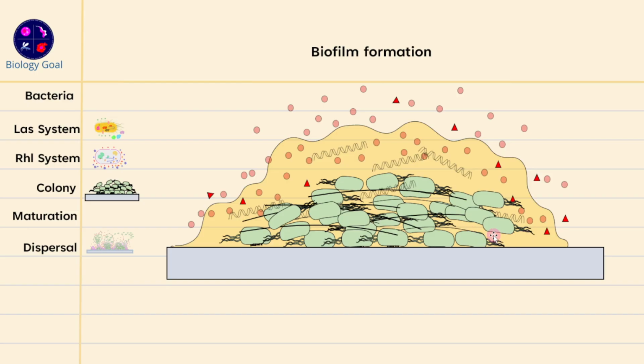Then you have Pel polysaccharide, which is important for cell-to-cell adhesion, because now what you need is cells to attach to each other to form this particular biofilm. So you have Pel that will help cell-to-cell adhesion and also the structural stability of the biofilm. Next, you have alginate. So the layer that you're seeing over here is basically the layer of alginate that I'm trying to create, along with other extracellular polymeric proteins and substances.